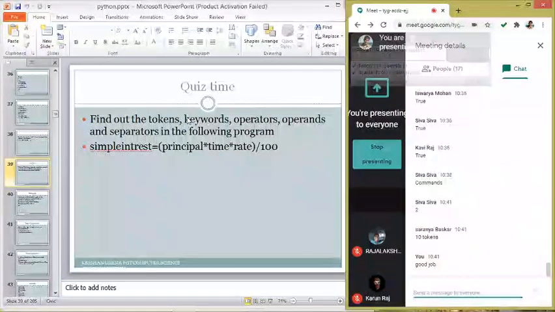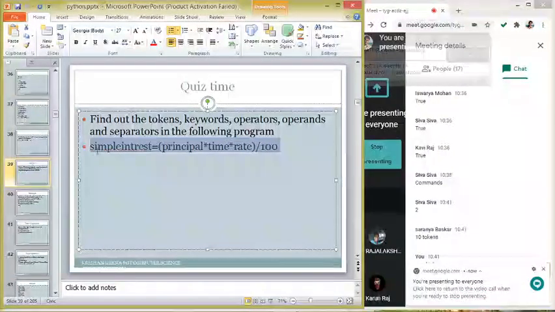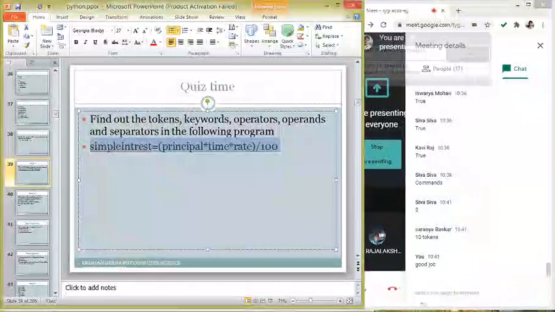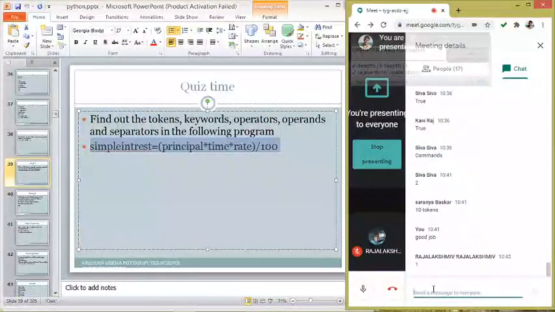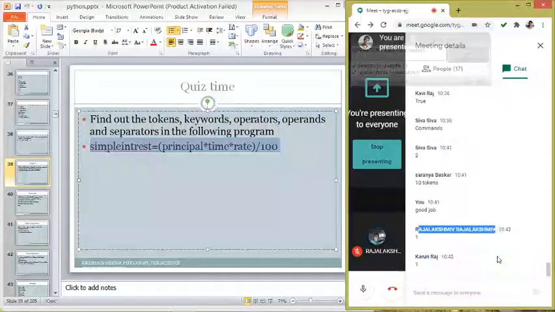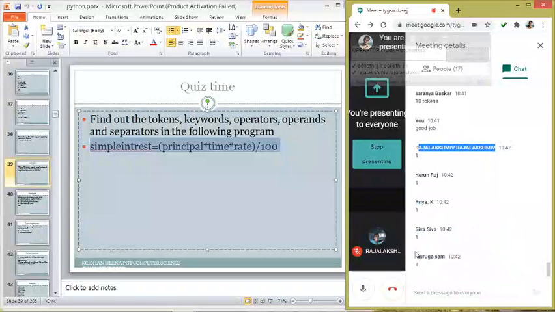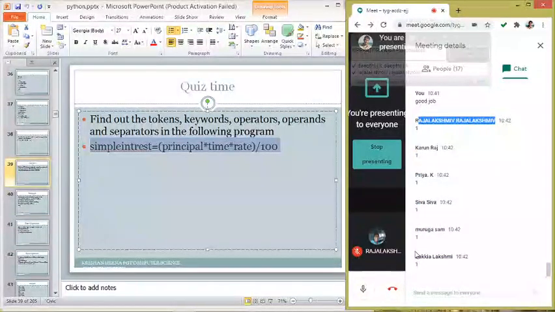So please, now the second question: how many keywords are there in this program? If you remember about keywords, immediately you will give the answer within 5 seconds. Yes, Rajalakshmi has given the correct answer. Karun Raj has also given the correct answer.